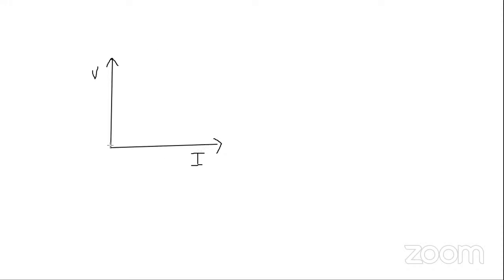Whenever the conductor obeys this kind of relation, that is, the VI graph for this conductor is a straight line, that means the conductor obeys Ohm's law. This kind of behavior you can see in the case of ohmic conductors.